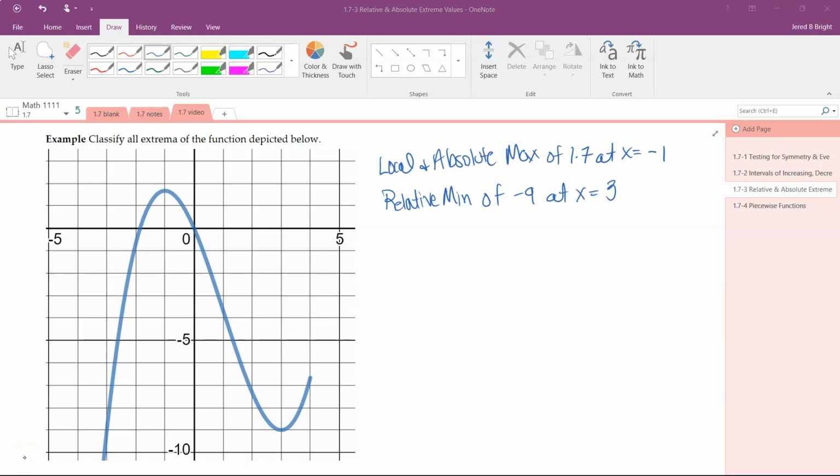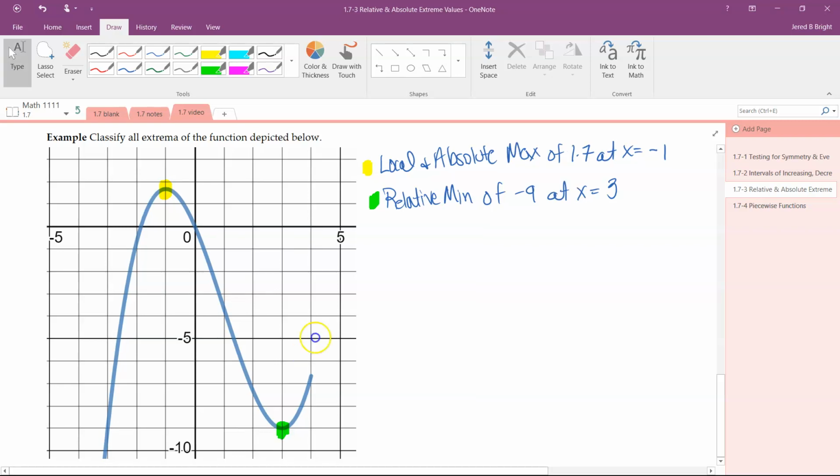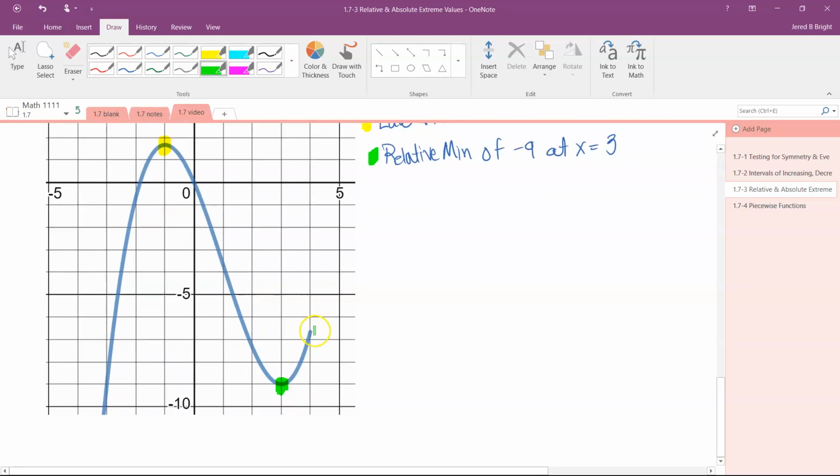And here are my answers. I have a local and absolute maximum at, and I had to estimate here, so 1.7-ish at x equal to -1, and then I also have a relative min, local min, of -9 at x equal to 3. So that's the valley. So I have a peak and I have a valley, and according to this function, we don't go past x equal to 4, but it looks like we do go past x equal to -3.